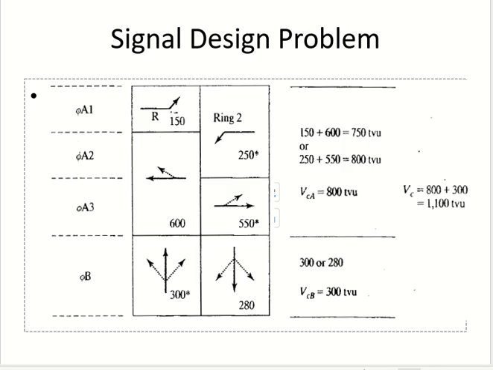The 600 is here. 300, where's 300? This is 600 divided by 3. It may not be.